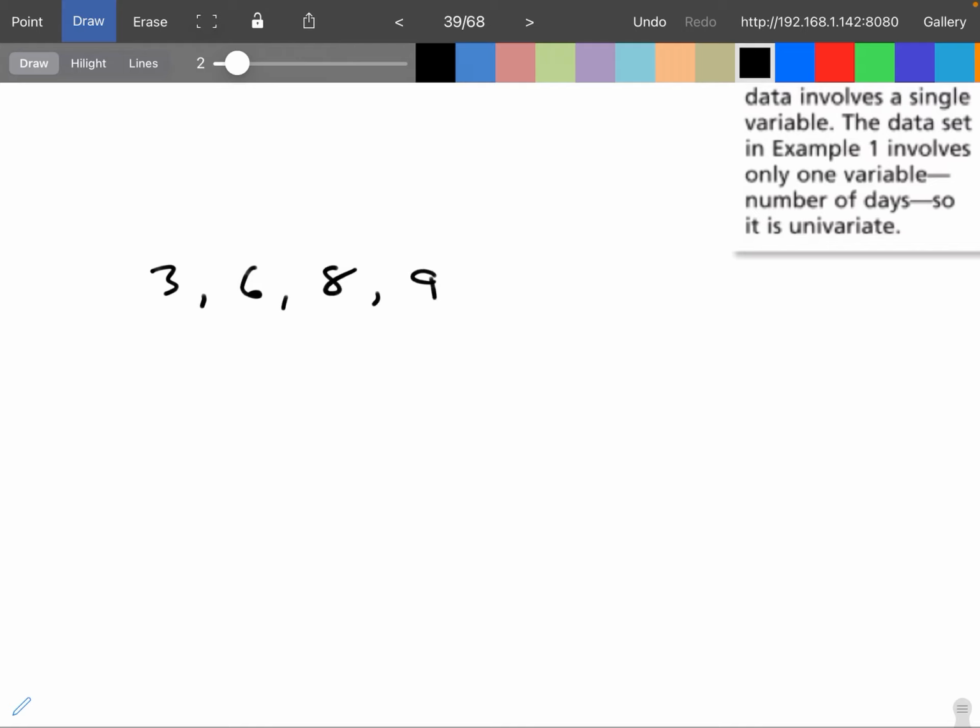So then how do we find the mean? How do we find the average? You add them and then divide by the number of values. You add them up and then you divide by 4 because you got 4 values, right? So I'll go ahead and write this out. So it's the mean. We're just going to do 3 plus 6 plus 8 plus 9 all over 4 because we have 4 data values.